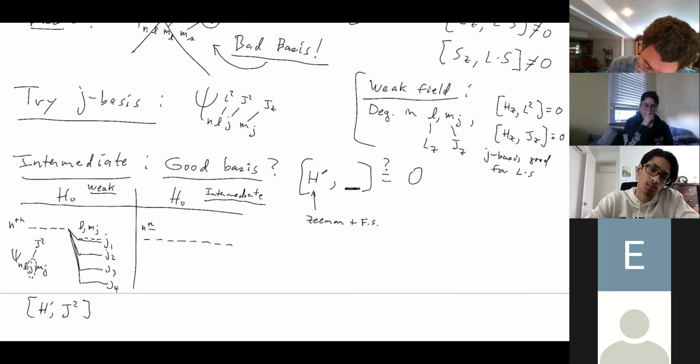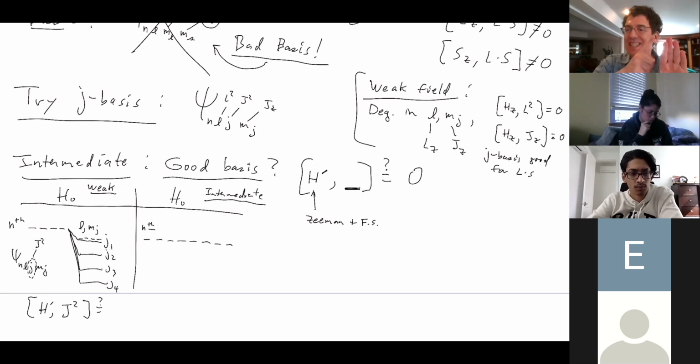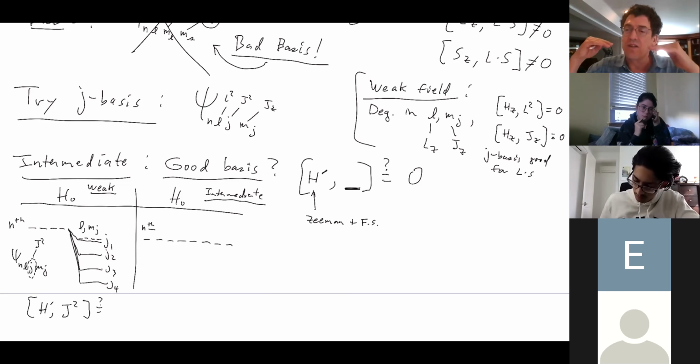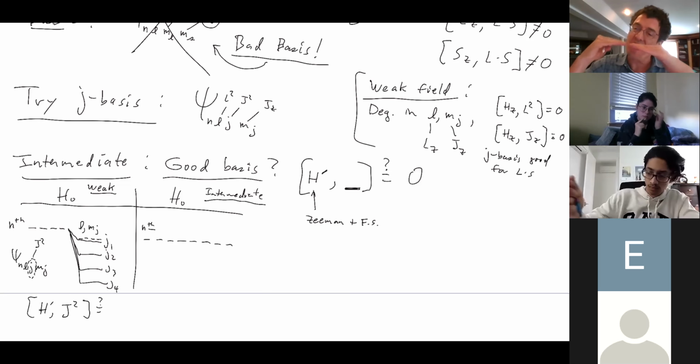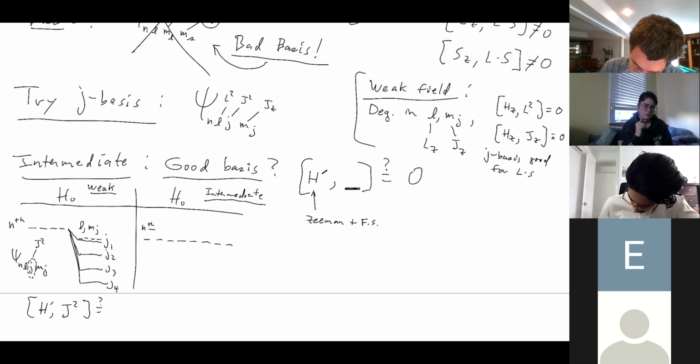Did we have to check this? No, we only had to check L squared and JZ, right? That's right, because you only check the operators that index the degenerate subspace. And the states are not degenerate in J, so we didn't need to worry about it. So I'll just say here, didn't care.